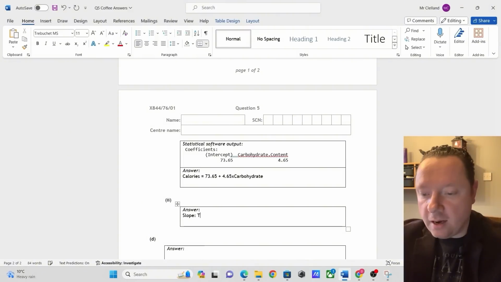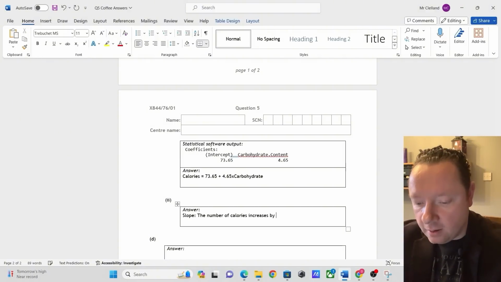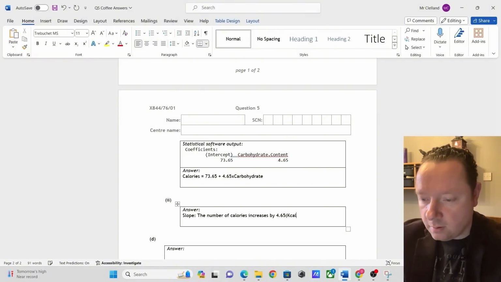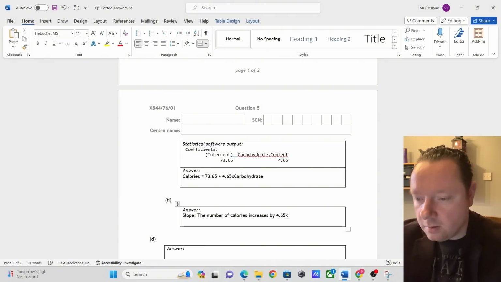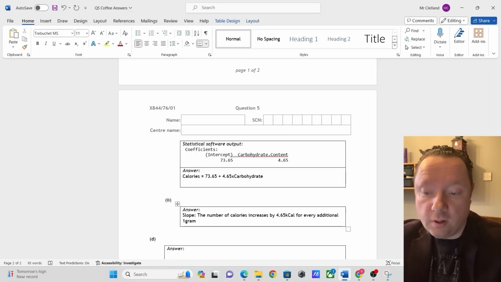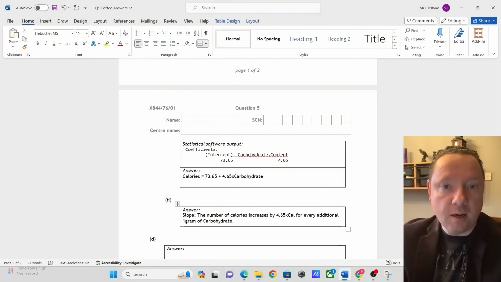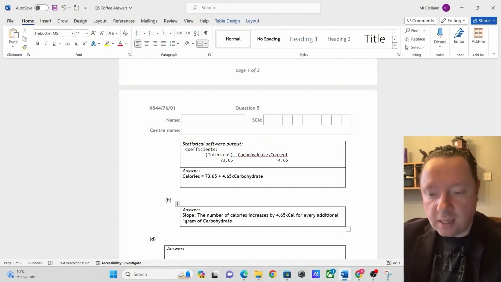So the number of calories increases by 4.65 kilocalories for every additional 1 gram or g of carbohydrate. Every time you put a gram of carbohydrate in, 4.65 calories is added.